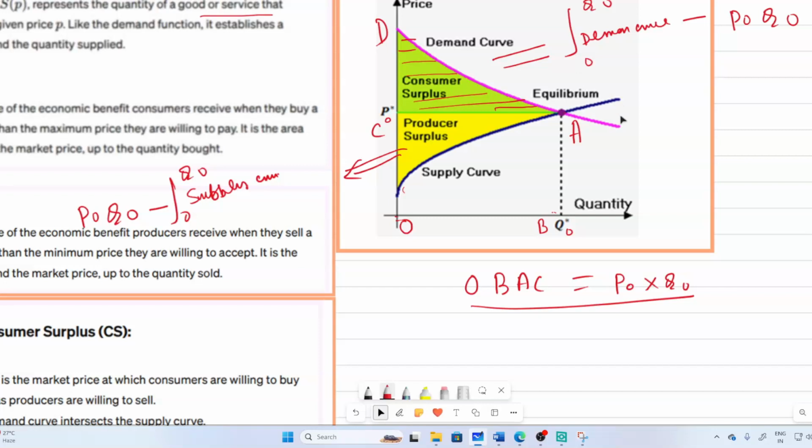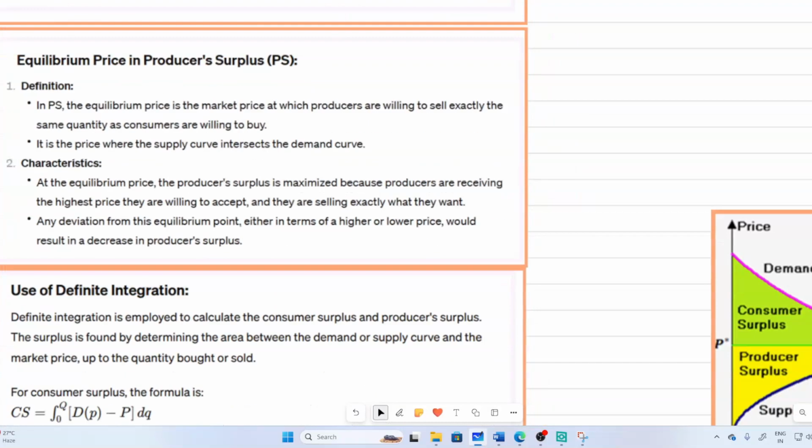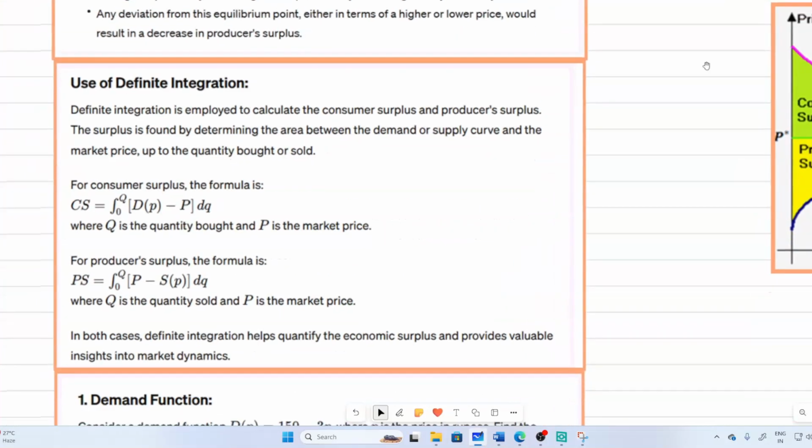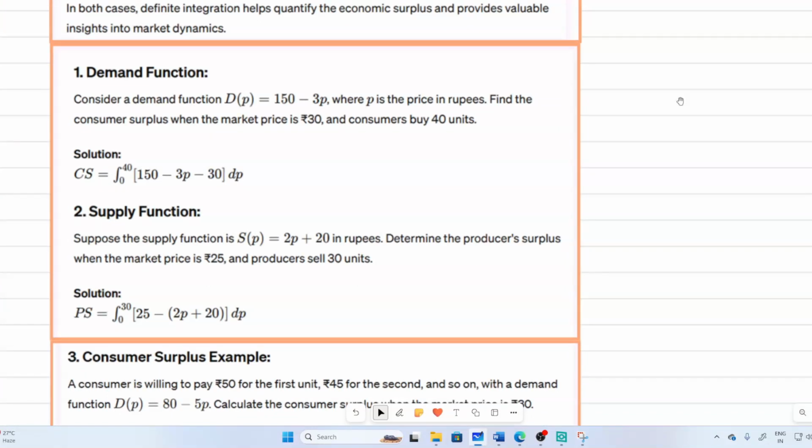Okay, let us apply this concept in solving a few sums. In my worksheet, which I intend to upload in the description box, I have solved some sums. But some problems I'll show you. First one, demand function is given.